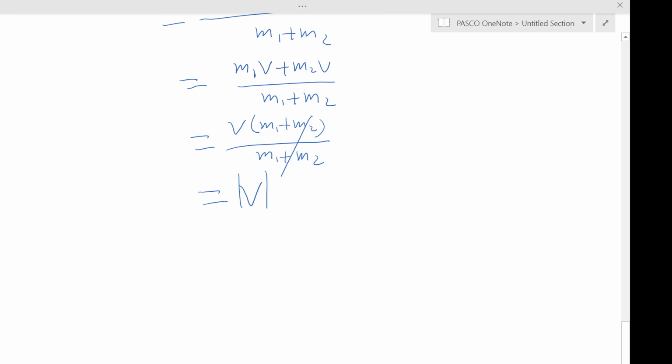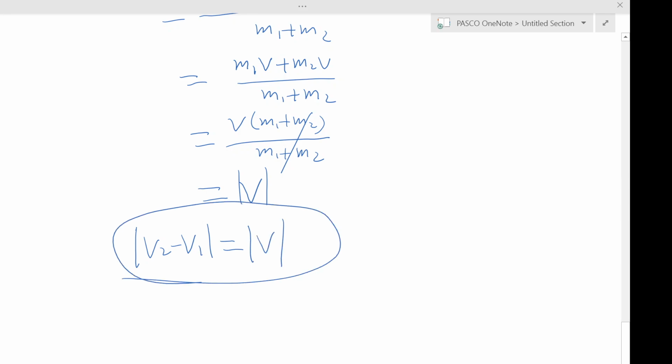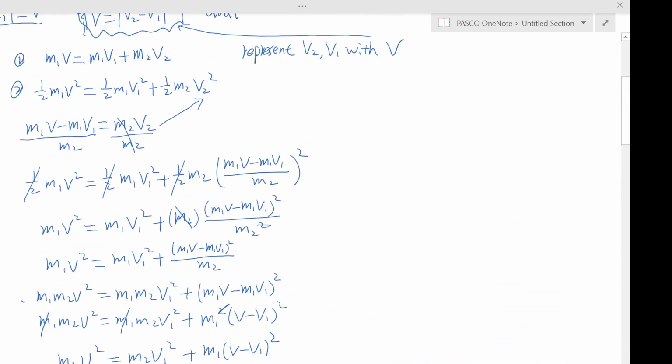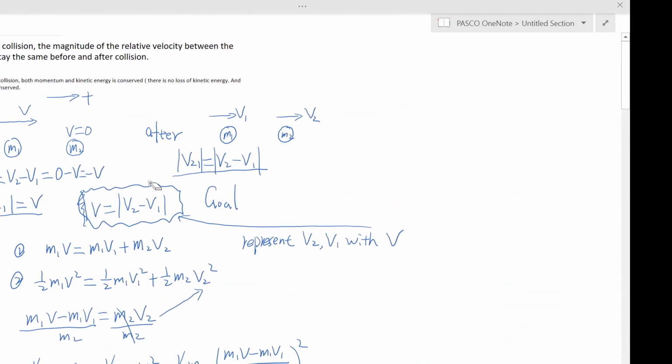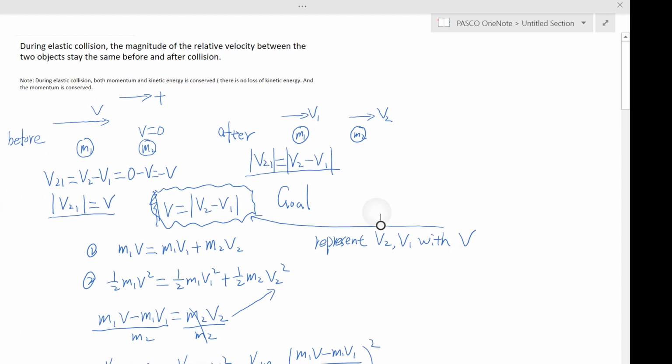there you go. That's your proof. The absolute value of v2 minus v1 equals v, which, to remind you, is our ultimate goal here. That tells you the magnitude of the relative velocity is the same before and after colliding, because this is the magnitude of relative velocity before, and this is the magnitude of the relative velocity after.